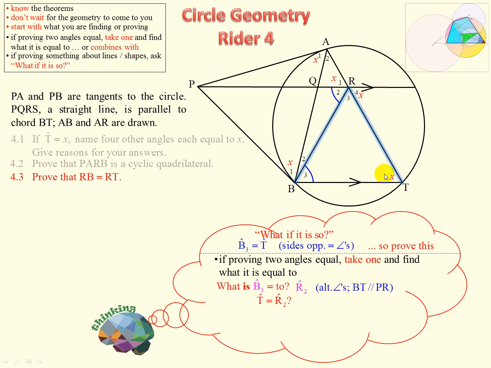Because then we'd be finished. But not yet. I cannot see why T would be equal to R2 yet. So, what else is B3 equal to? And there we are. It would have to be equal to A1 because R2 is equal to A1.